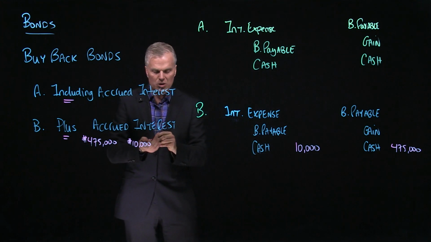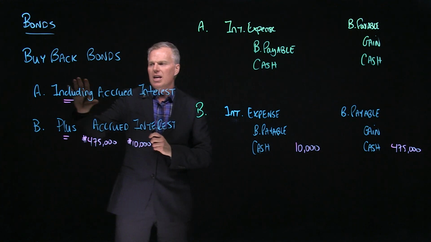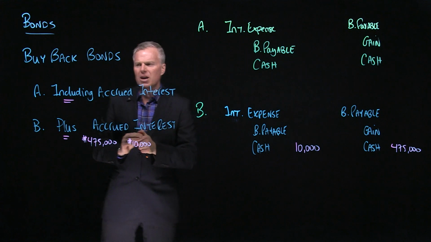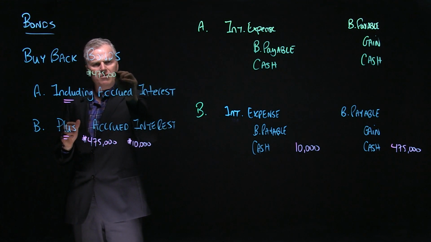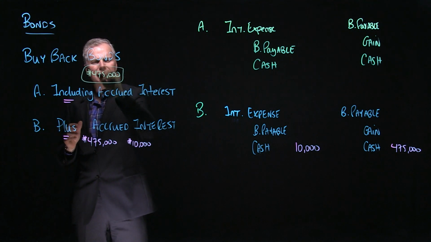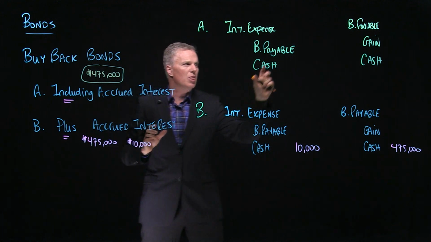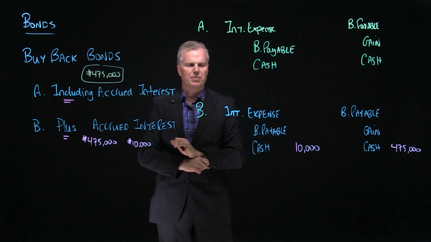Now, let's get into the part that seems to confuse the students the most. Includes accrued interest. So if you paid $475,000, well, what does that really mean? It means that you paid $475,000 that includes the bond portion plus the interest portion.